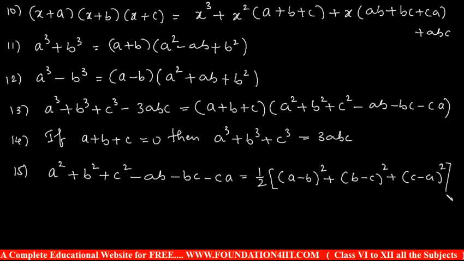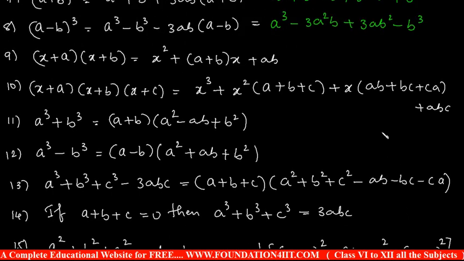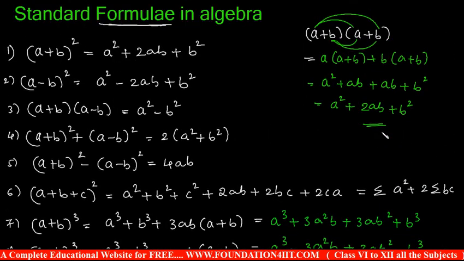So these are the basic and important 15 formulas. If you perfect these 15 formulas, even just remembering them, then we can do most of the problems. This is a standard formula set in algebra. Now let us see the next topic: using these formulas, how the problems will come and how we need to solve them.